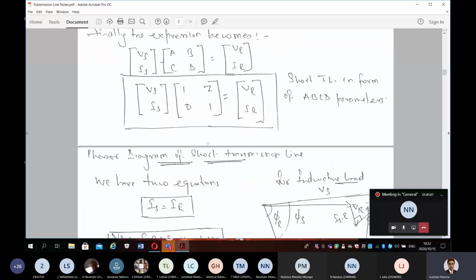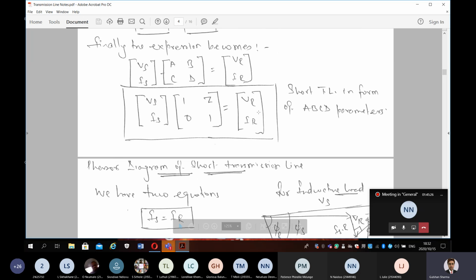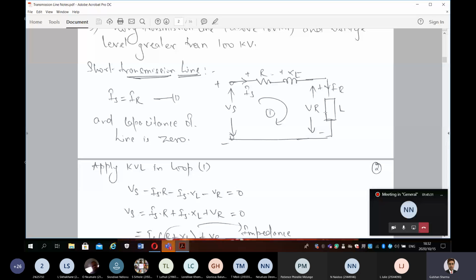Another thing, guys, is that as an electrical engineer, it's very important to draw the phasors. Because I don't have the physical class, otherwise I would draw each and every step for you so that you will understand better. But now we don't have the choice. Now for the short transmission line, as I've already discussed with you, this load may be resistive, inductive, or capacitive.